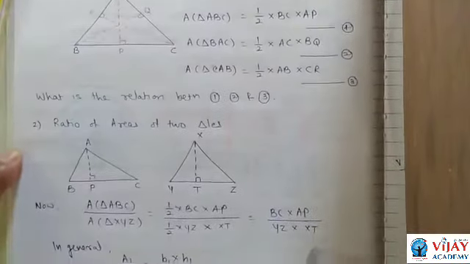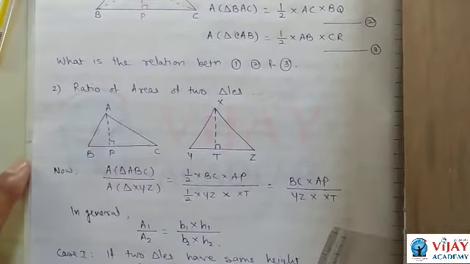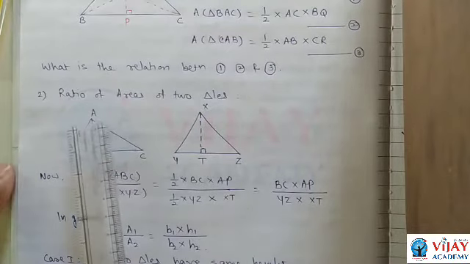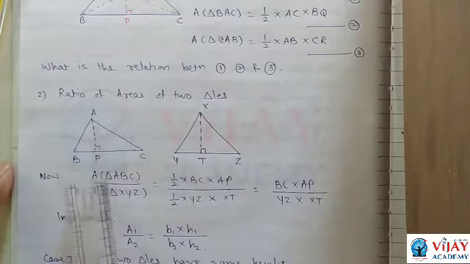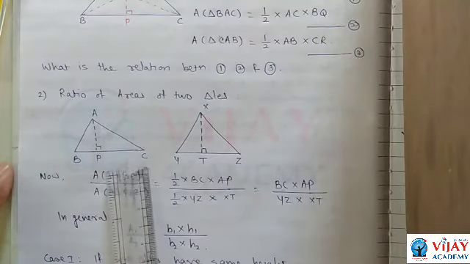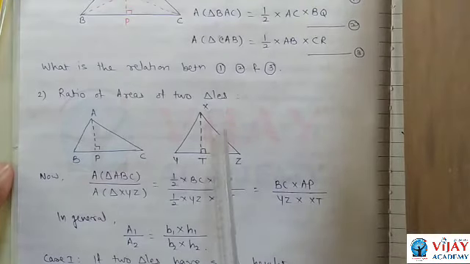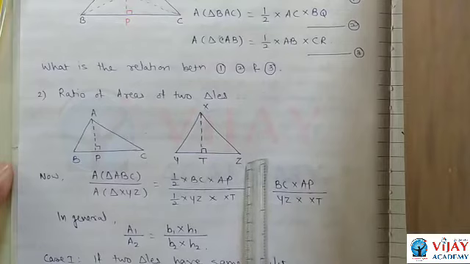Now second one, ratios of areas of two triangles. If we take a triangle ABC and AP is perpendicular to BC, and another triangle XYZ, XT is perpendicular to YZ.